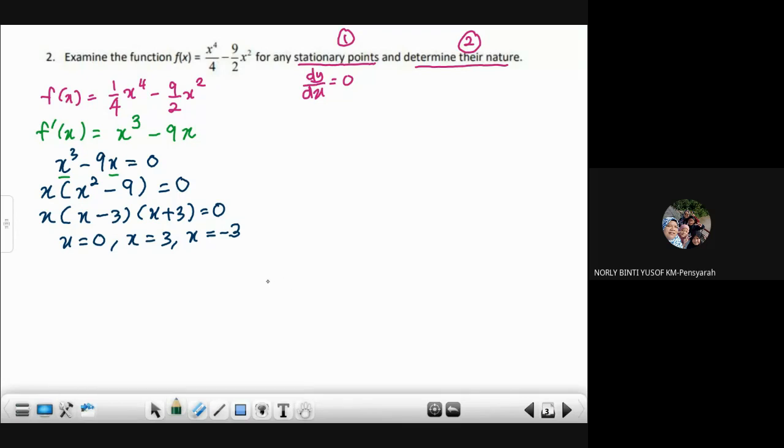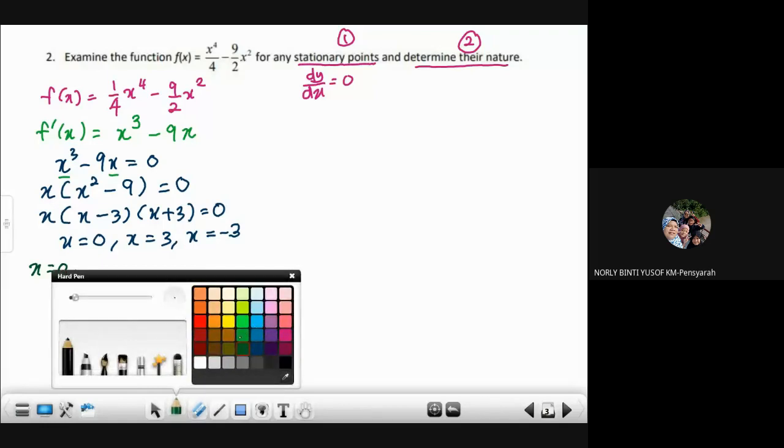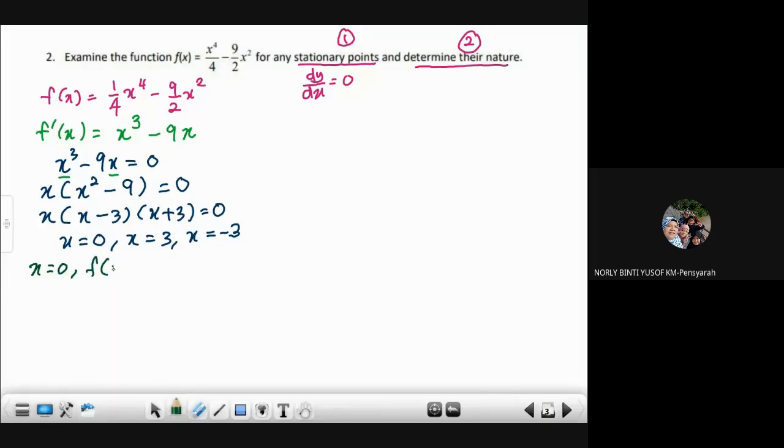Okay. We have the critical points of x. Then find the pairs because it is a point. So x0, you put in the function of y, 0, right? Because both have the variable. So directly 0 is fine, because when you substitute you get 0. Okay, and then x equals 3. F3.